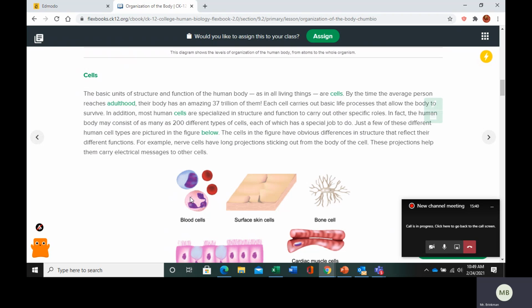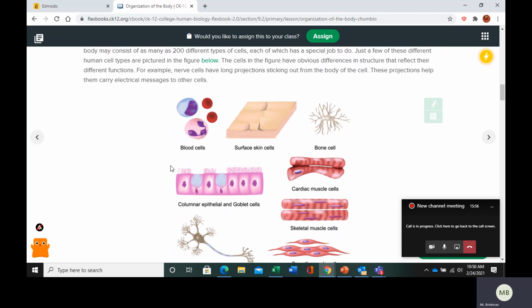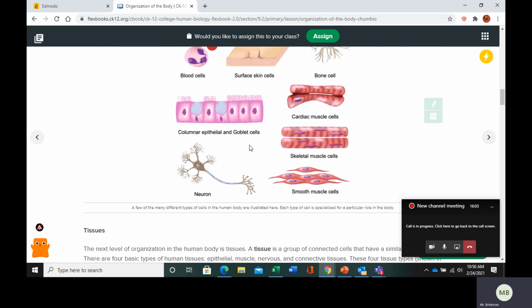So all living things are made of cells, and cells are the smallest unit of life that can carry out all the functions of life. Okay, there are different types of cells that each have different functions. So we have blood cells, skin cells, bone cells, muscle cells, epithelial cells, which is basically a skin cell, and then neurons, which carry the messages throughout the body.